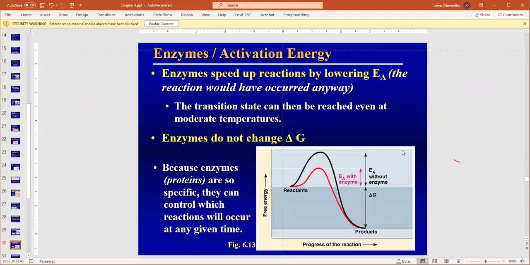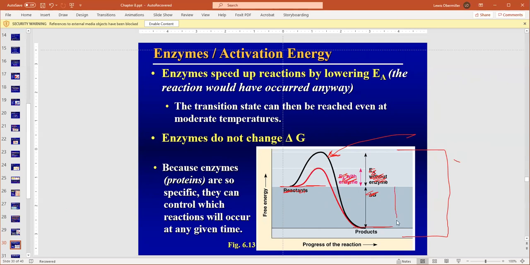So I'm just going to tell you straight up, you're going to see something like this on the test, but this won't be on here. And I'm going to ask you, what does this graph represent? And because it's higher, so we already know this is the energy of the reactants. This is the level of the reactants. This is the level of the products.